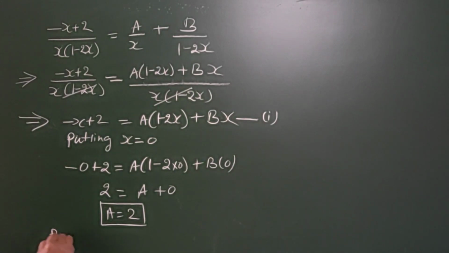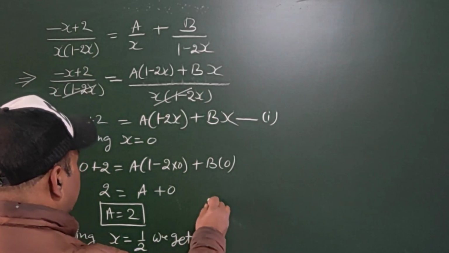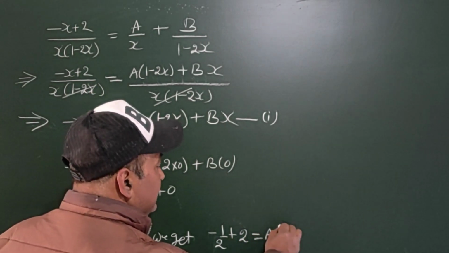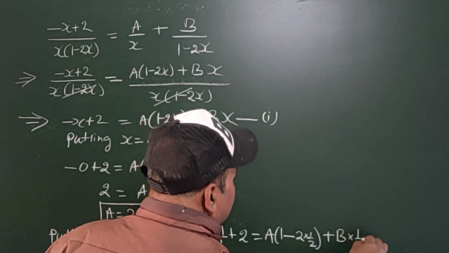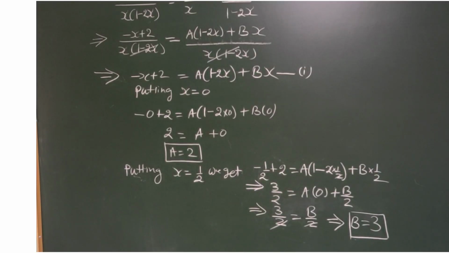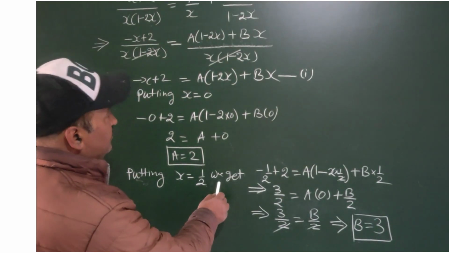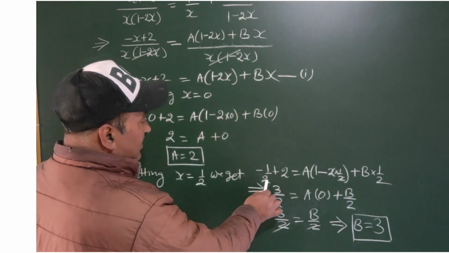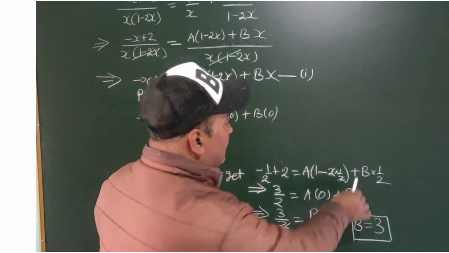Similarly, putting x equal to 1 by 2 in equation number 1, we get minus 1 by 2 plus 2 is equal to A into (1 minus 2 into 1 by 2) plus B into 1 by 2.